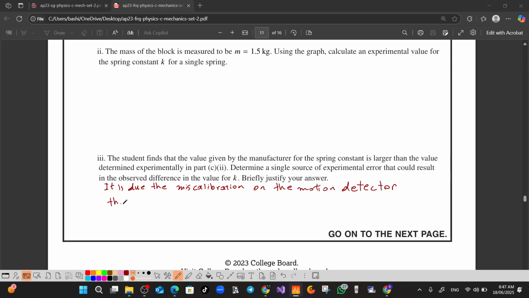that produces a graph with a larger period. Sorry, it's a smaller period.